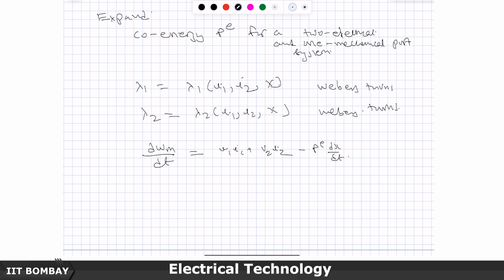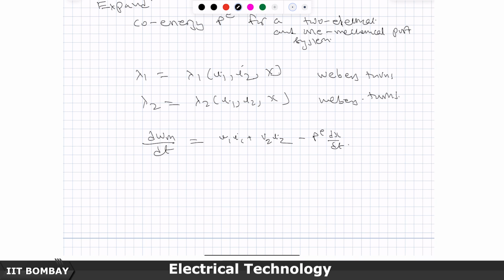So, you need to look at the power output from the mechanical system, subtract that power from the electrical power input which is going into it, and that is the rate at which the magnetic field energy is increasing in the system.